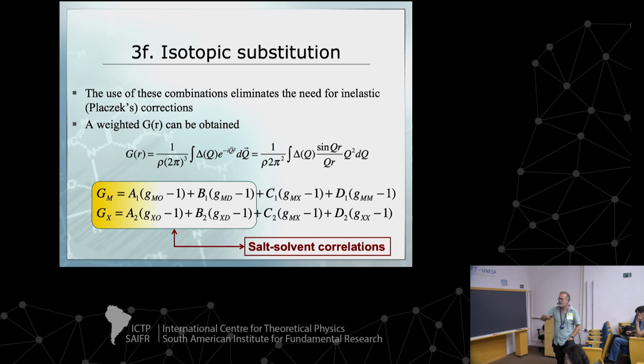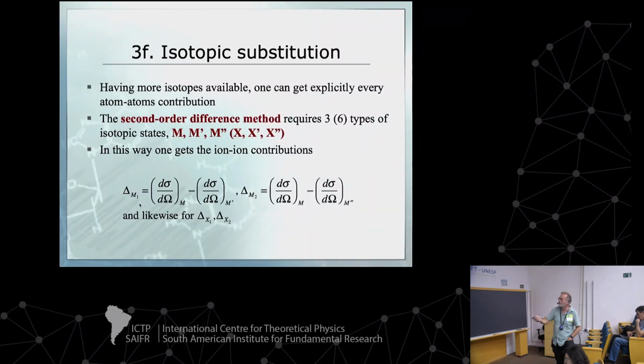So the gM represents correlations between the oxygen and the deuterium, that means the solvent, the water, and the M, and the gX, the correlations with the anion, right? If you have more components, you have to use a second-order difference method that requires 3 or 6 types of isotopic states. So things get much more complicated.